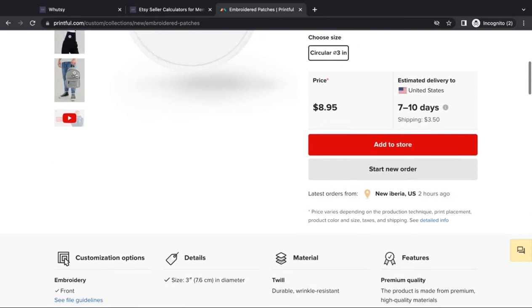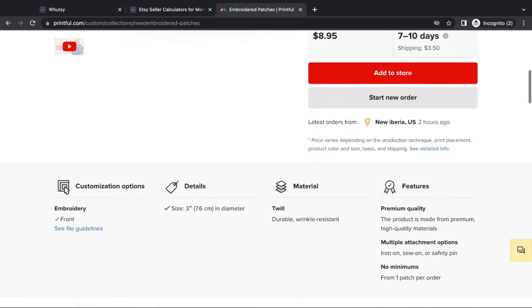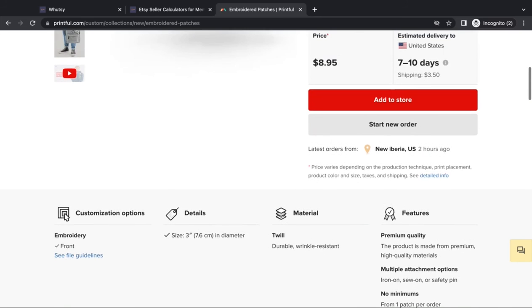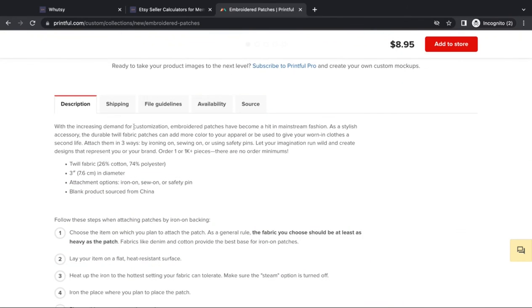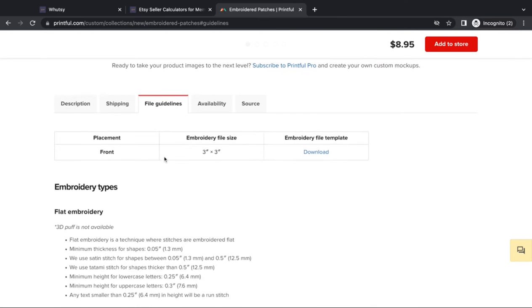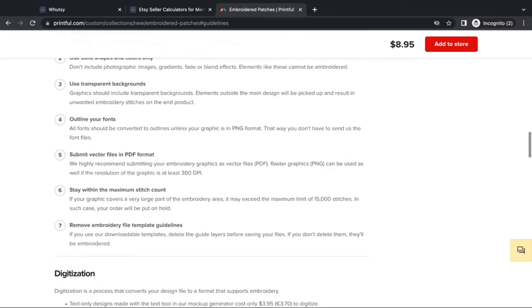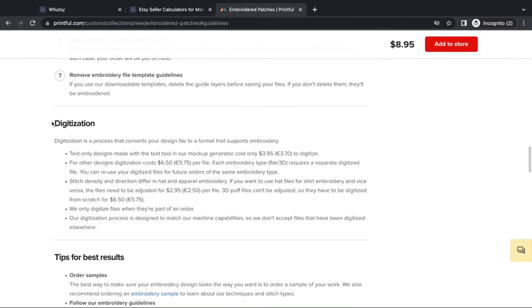But remember, with embroidery, there are additional fees with Printful. So we need to go down and look at the additional fees. Does it say here anywhere the fee for... here it is, digitization. Text-only designs made with our text tool are $3.95.